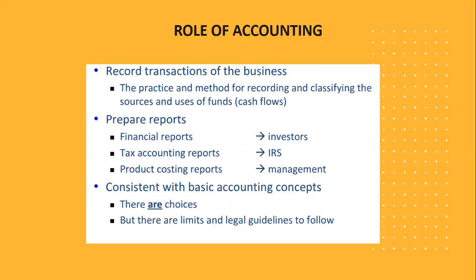Usually there are financial reports, which are sent to the investors. There are tax accounting reports that are sent to the IRS, if you're in the US, or the Federal Board of Revenue, if you're in Pakistan. And there are also product costing reports. This is a more detailed breakup of the costs within a company, and that is given to the management.